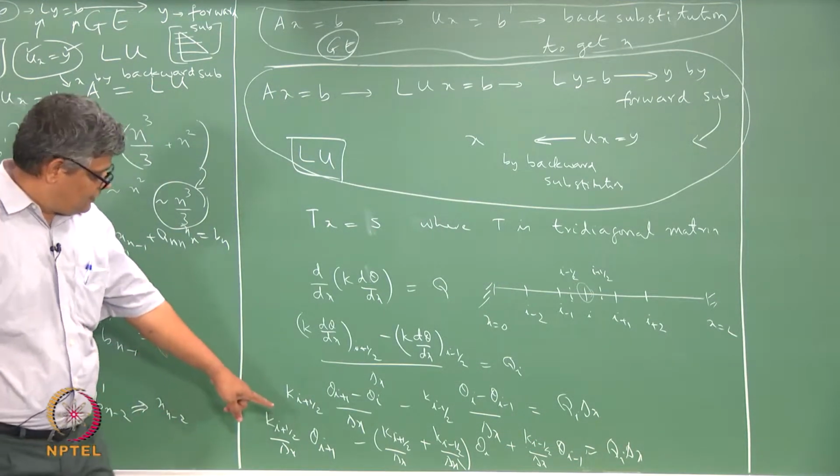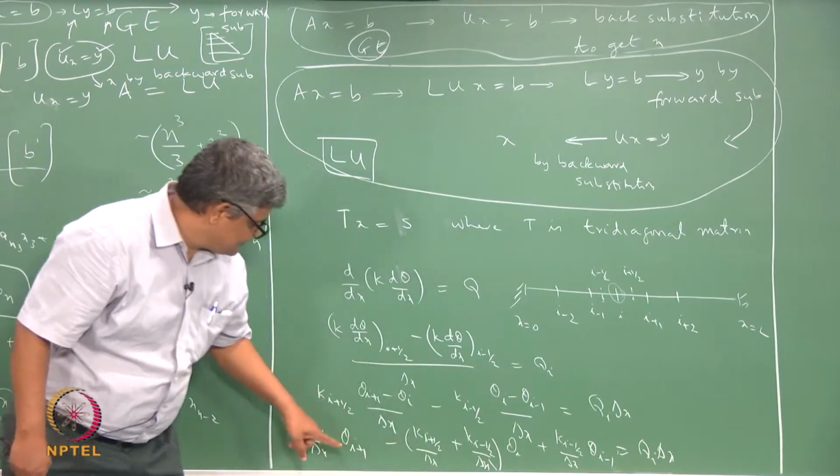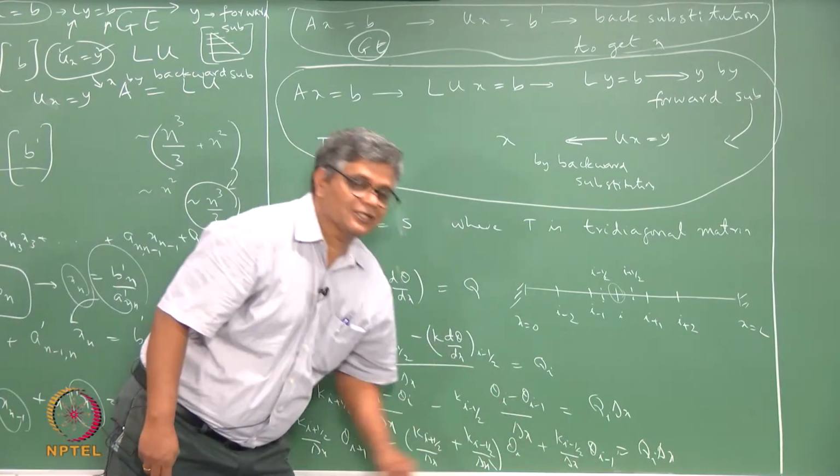So, we have theta I in terms of theta I plus 1 and theta I minus 1.